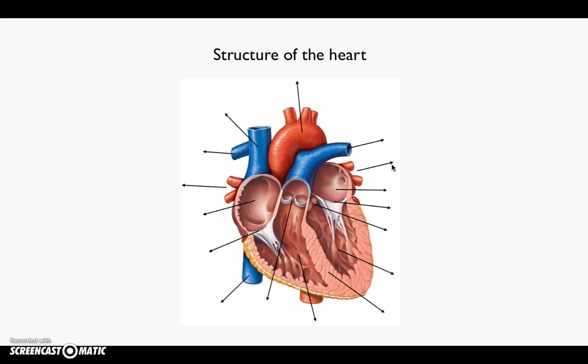The red blood cells have now got oxygen, and it comes through the left atrium, down through the bicuspid valve into the left ventricle, and then from the left ventricle it leaves through a semilunar valve, which is this thing here, out of the aorta to the body. This is the aorta and this is the biggest artery in our body. So that is how blood flows through the heart.